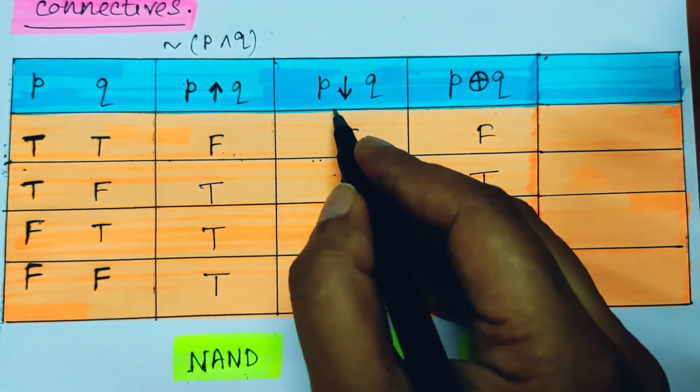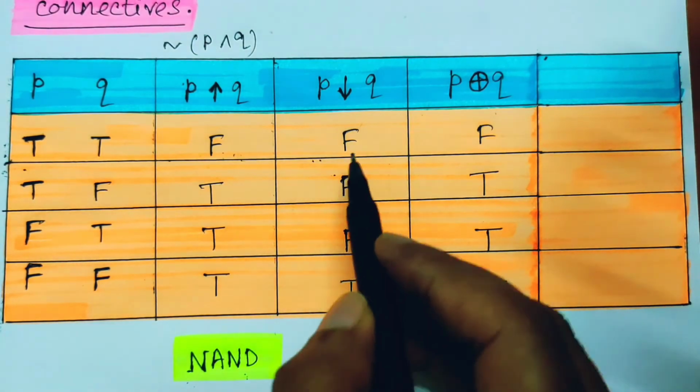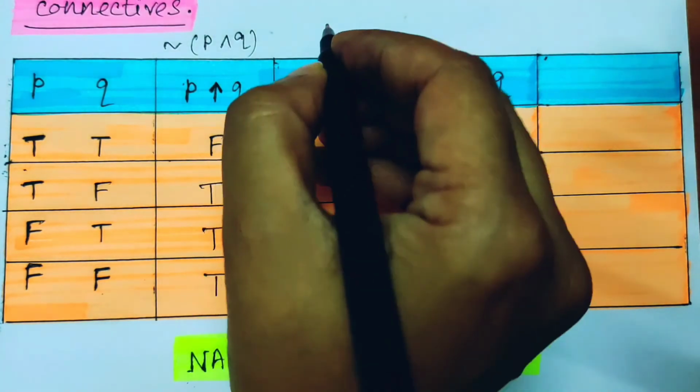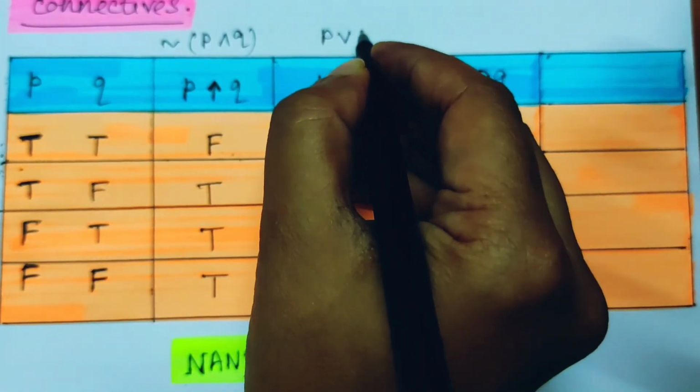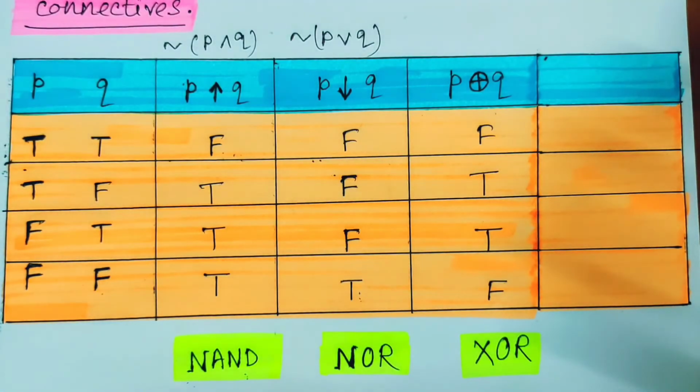Similarly, here P down arrow Q, its outcome you just observe: false, false, false, true. So it is true only when both are false. If you compare with the known truth tables, you will find it is P disjunction Q and if we take its negation, we get this one.